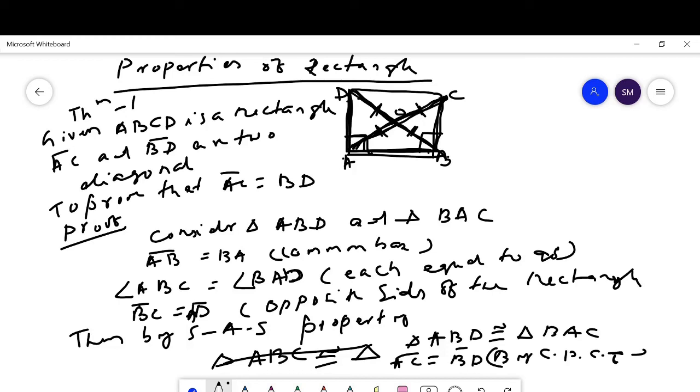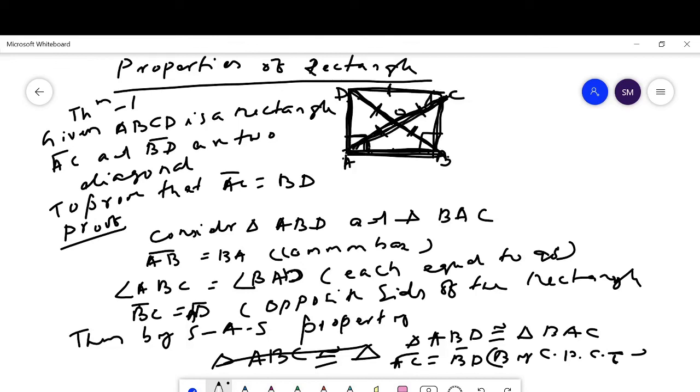Here AB is equal to CD as opposite sides of the rectangle. Angle C is equal to angle A, as CD is parallel to AB and AC is the transversal.